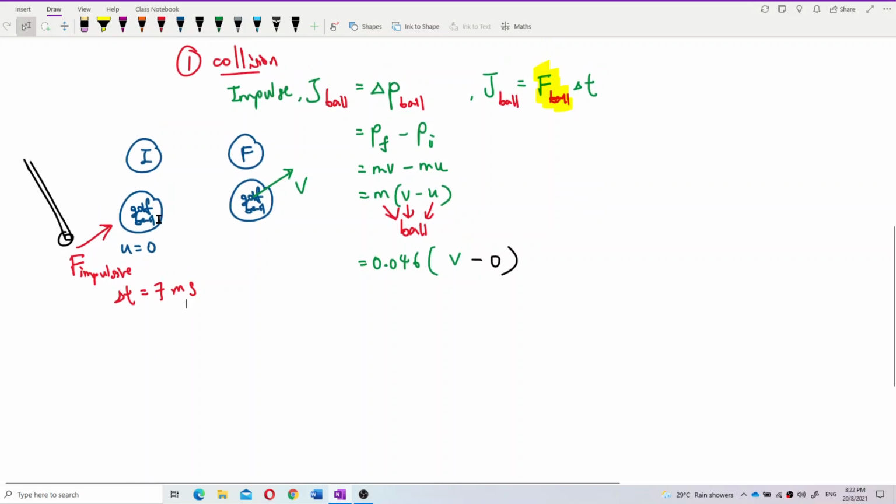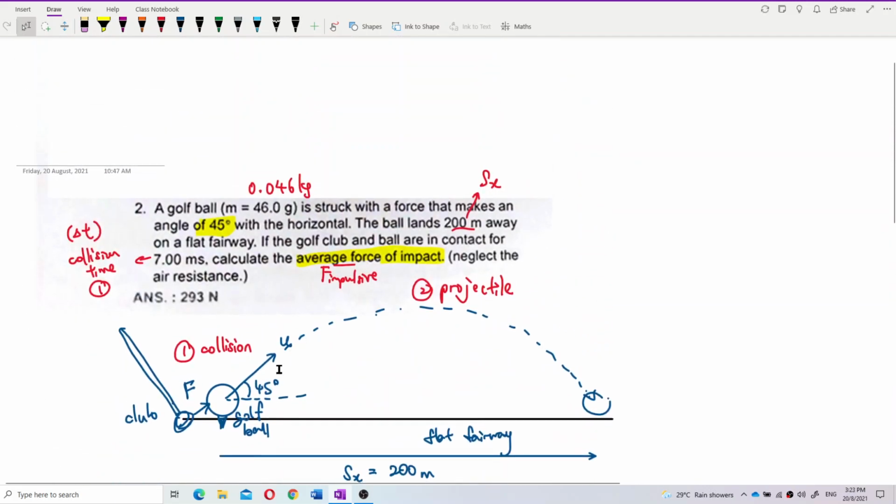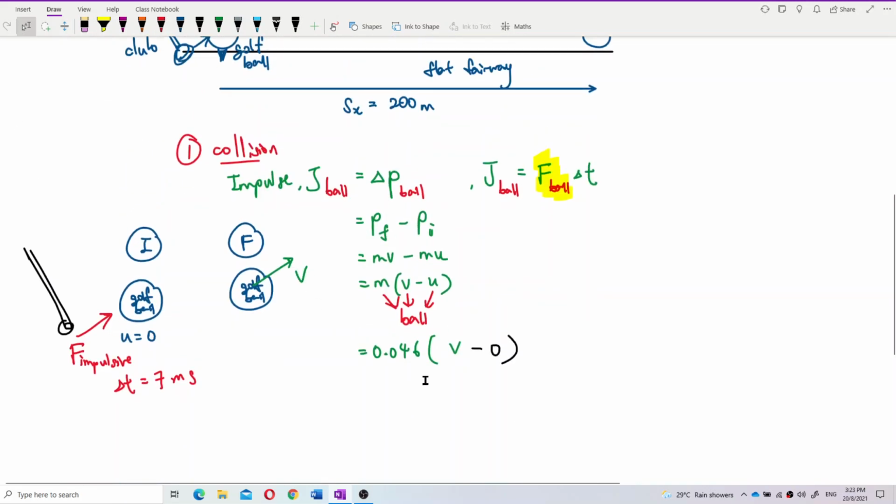So you hit it, then now the golf ball has a velocity, the final velocity after collision. But do we have the final velocity here? We don't have it yet. So we need to find out the v also.